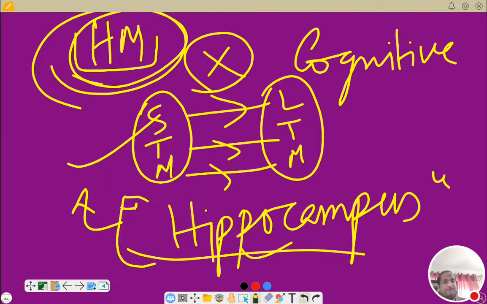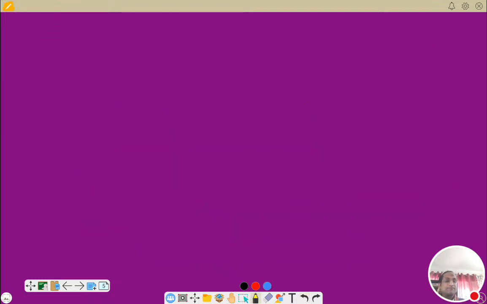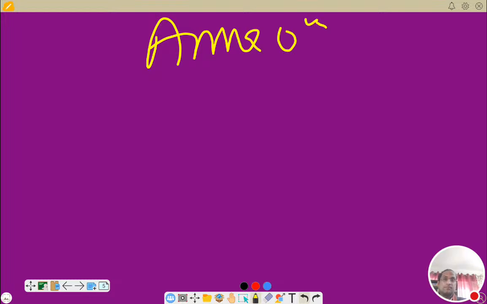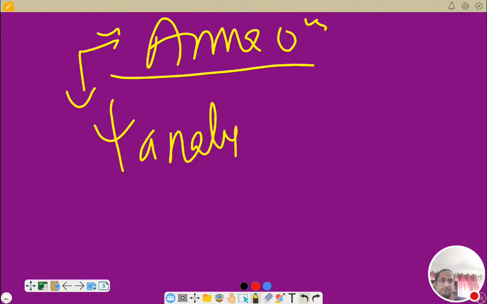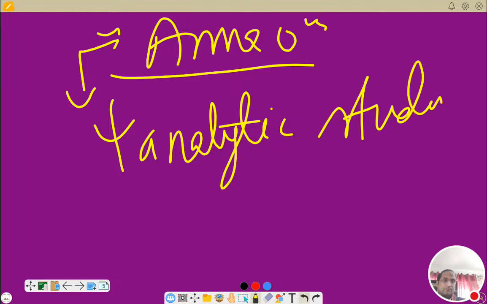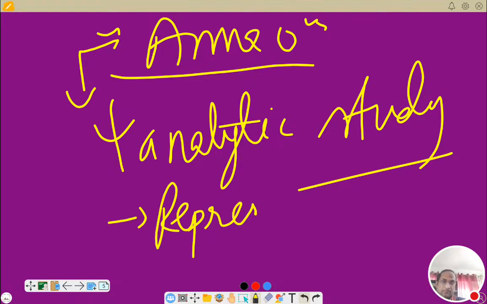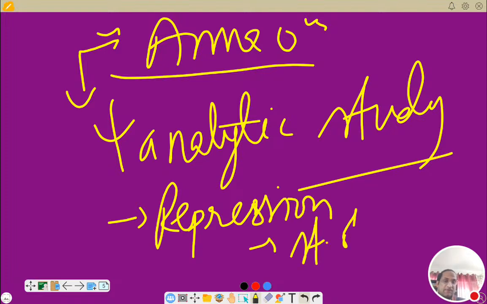You see, the analysis of HM is being done from different angles, like Sigmund Freud did the study of Anna O. A psychoanalytic study, a peep into the unconscious, the subconscious mind, which later revealed a probable theory of personality and a probable theory of repression. Repression and structure of personality.